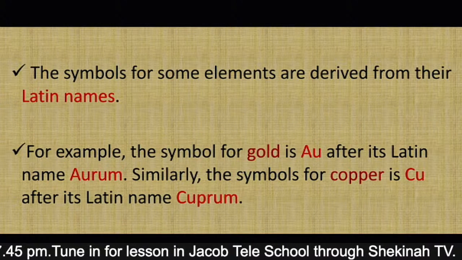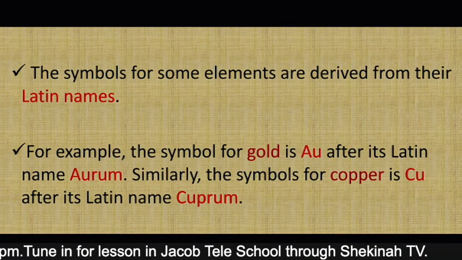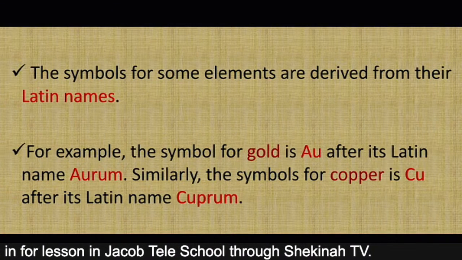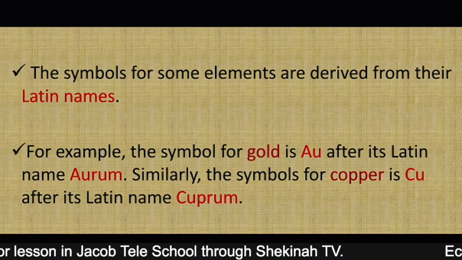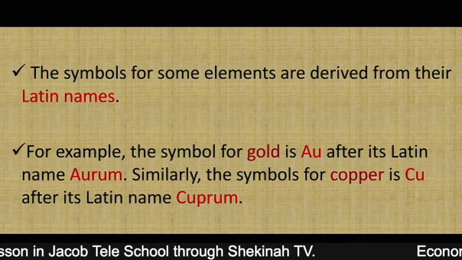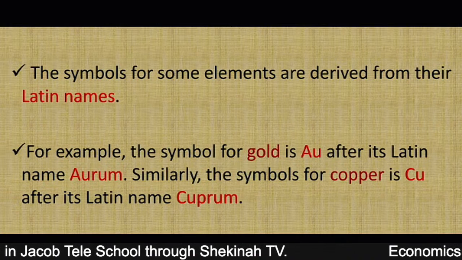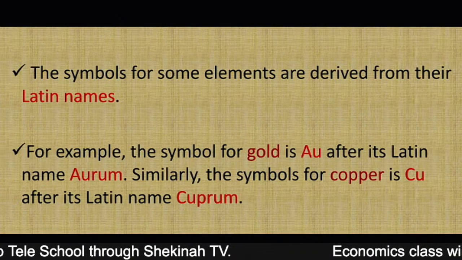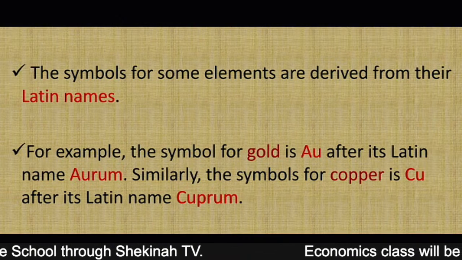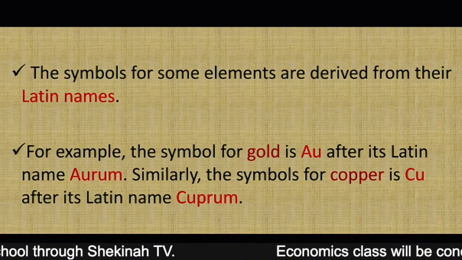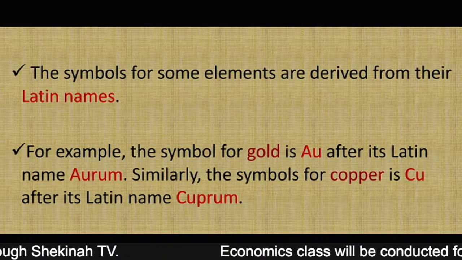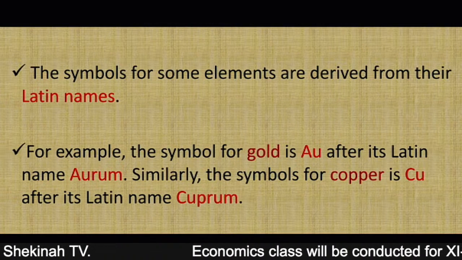Similarly, the symbol for copper is Cu, after its Latin name, cuprum. Open your mouth and say cuprum. C-U-P-R-U-M. Cuprum. So copper is Cu. It should be Co, but they used Cu. Copper is denoted as capital letter C and small letter U because it comes from the Latin name cuprum.